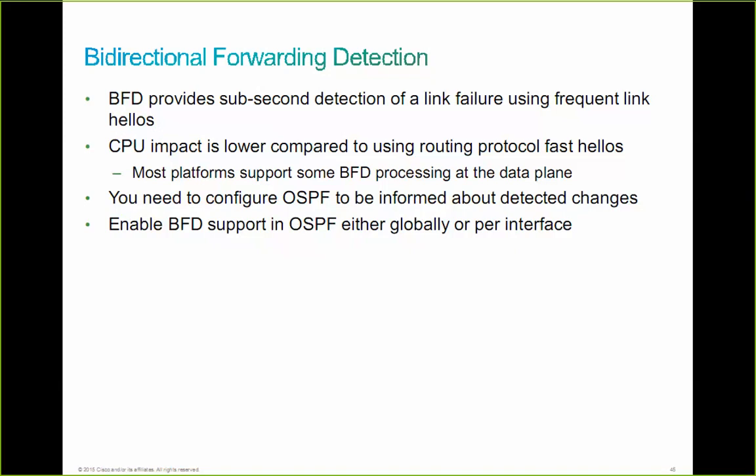However, the CPU impact of using BFD is far less significant than the impact of maybe speeding up your routing protocol hellos. And the reason why is because BFD processes are shifted to the data plane rather than the control plane. Hello packets and routing protocol processing are sent up to the control plane rather than the data plane.